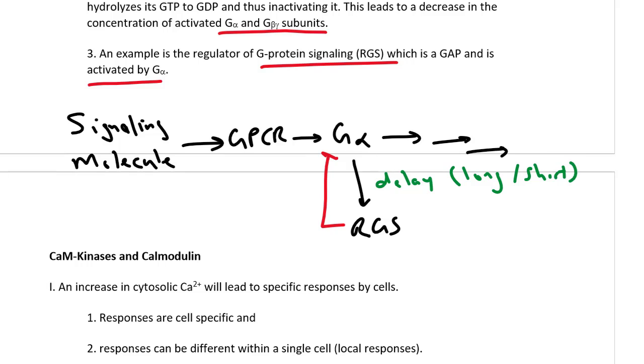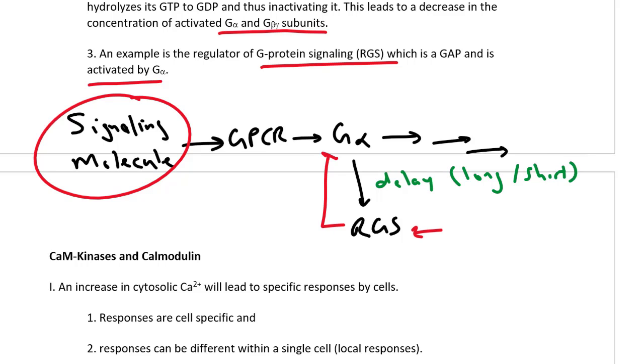There will be a response, but you will also have the shutting down of the pathway if the signal is persistent. And if this negative feedback does happen, right, which it will happen, then once you have this sort of deactivation of the G alpha subunit, well, then that leads to less of this activated RGS.